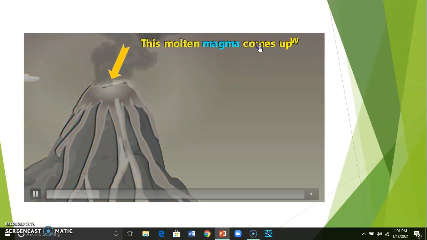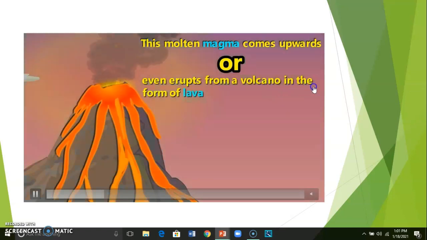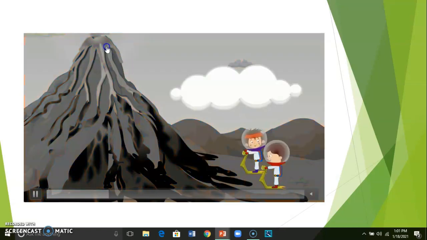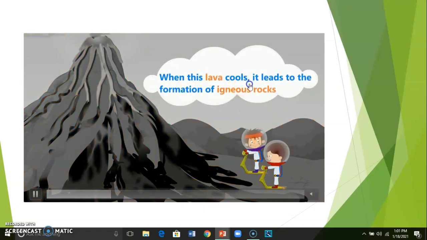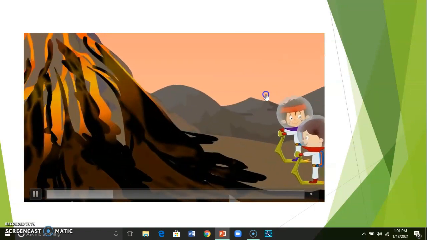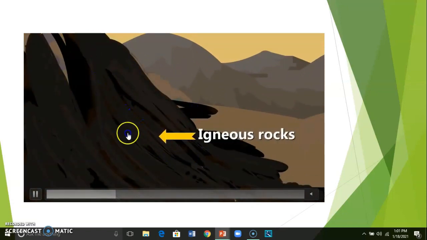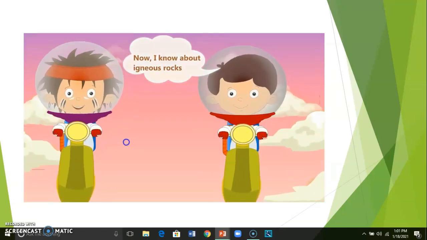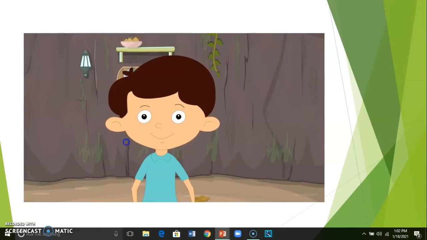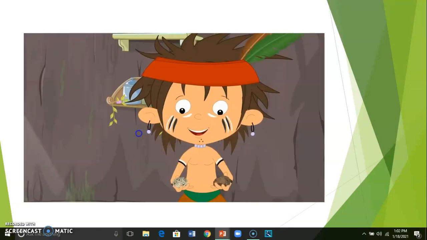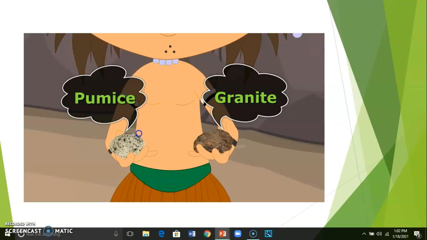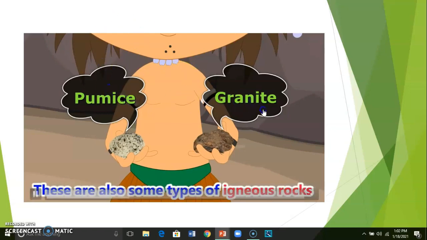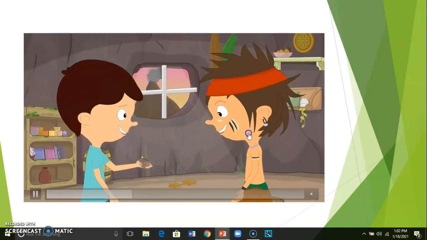This molten magma comes upwards or even erupts from a volcano in the form of lava. Okay, so this is the lava. When this lava cools, it leads to the formation of igneous rocks. So it will become cold. They are all now igneous rocks. So pumice and granite are examples of igneous rocks.